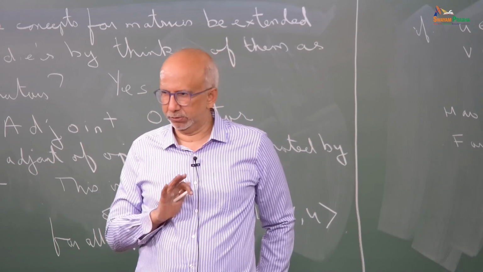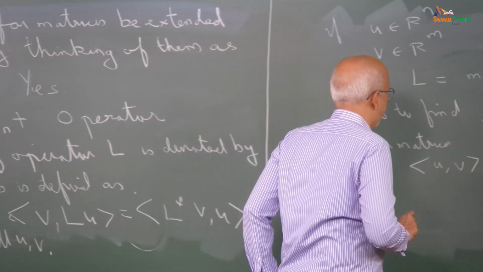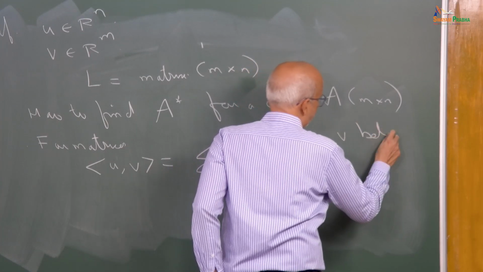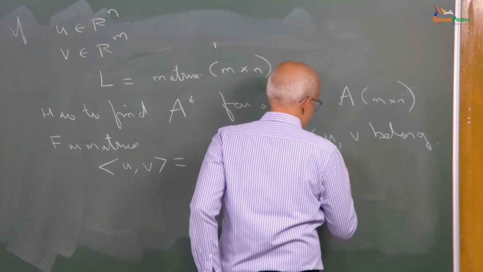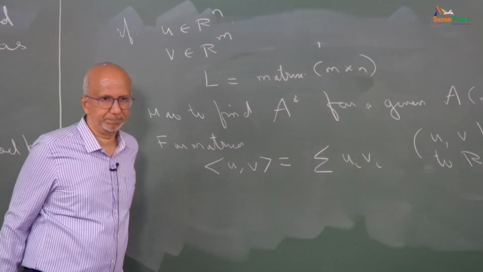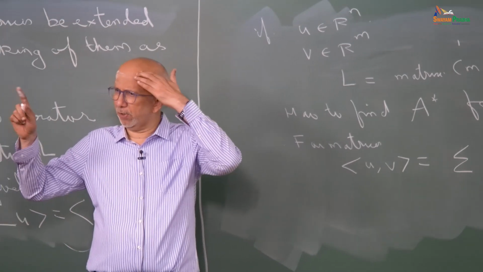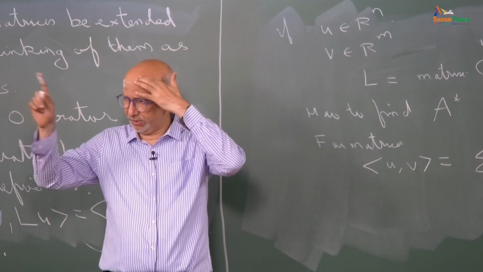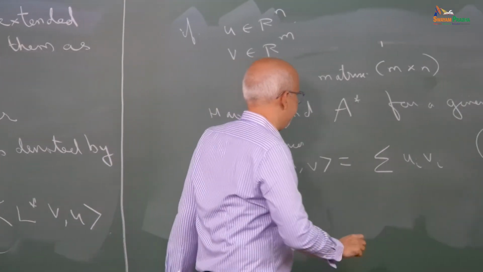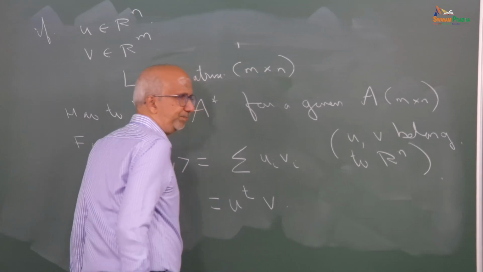Right now, all real, so no conjugates. So, u and v belong to Rn, the way I have written it. This is the same as the dot product that you are used to: take the first coordinate, multiply by the first coordinate. Another way to write this is u transpose v.